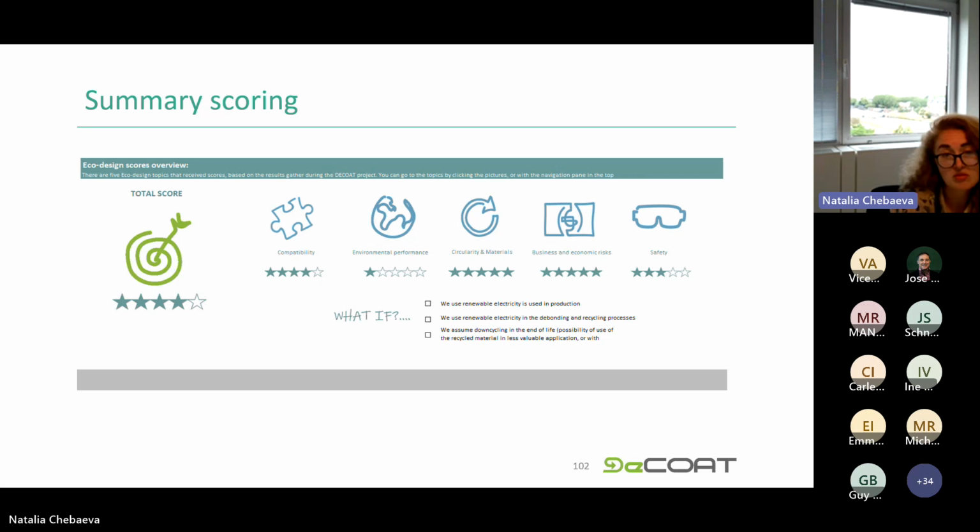This aggregated score is also developed based on multi-criteria decision making and the expert survey that we conducted with the partners of the project. We can also check how the performance changes if we use renewable electricity in production, if we use renewable energy in debonding processes, and if we start considering downcycling instead of recycling.